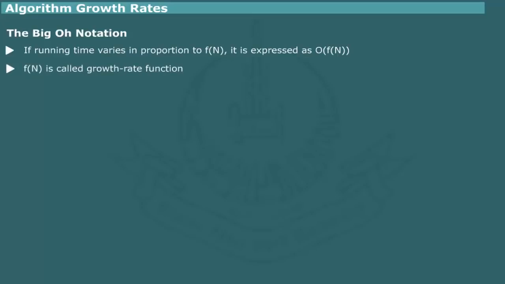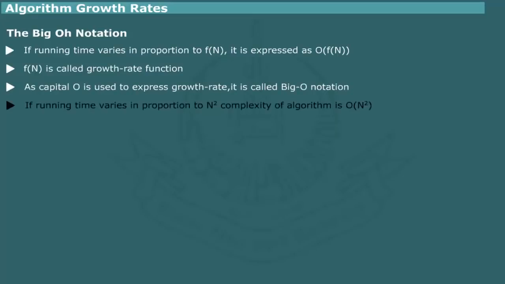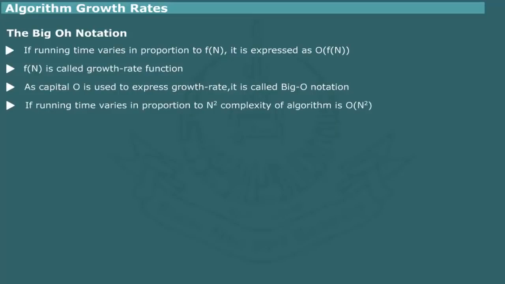The function f(n) is called growth rate function or complexity of the algorithm. Because capital O is used to express the growth rate, it is called big O notation. Thus, if runtime varies in direct proportion to n squared, we say that complexity of algorithm is O(n squared).